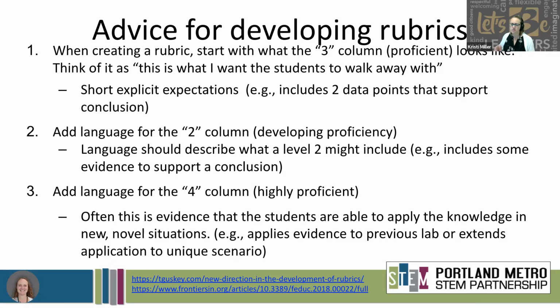Like I said before, I always start with the 3 column because that's where I want kids to be by the end of the unit, meeting the benchmark. So what do I want students to walk away with? I'm looking for short, explicit expectations. There need to be 2 pieces of evidence or 2 data points. The more specific you can be, the better for the student, and the better the transparency of the learning progression.